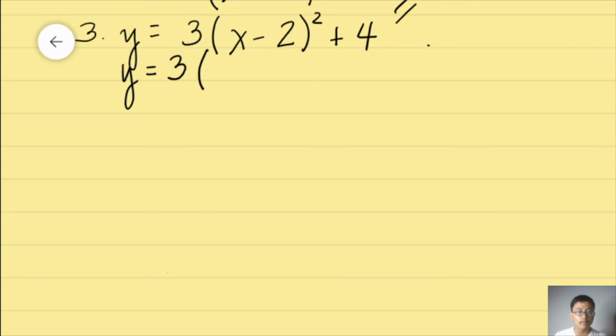So, you have square the first term. So, that is x squared. Then, multiply natin to. X times negative 2, negative 2x times 2, negative 4x. Then, square the last term. So, that is negative 2 squared magiging positive, plus 4.